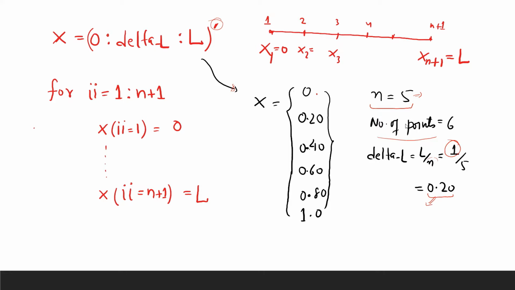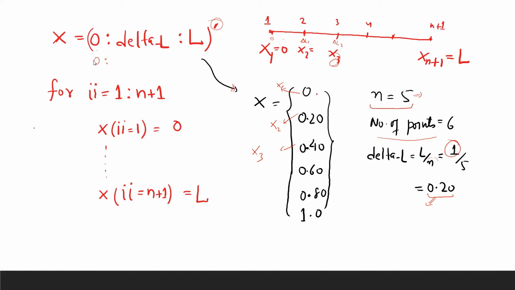So x is 0 to delta L, with each increment. So x1 would be how much? X1 would be 0, x2 would be 0 plus delta L, that would be 0.20. Then x3 would be 0 plus delta L1 plus delta L2.